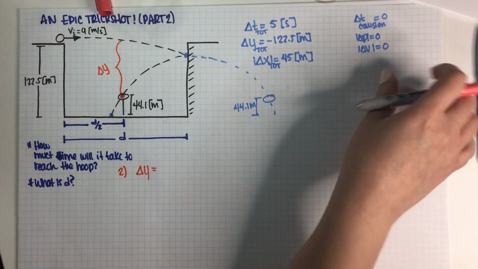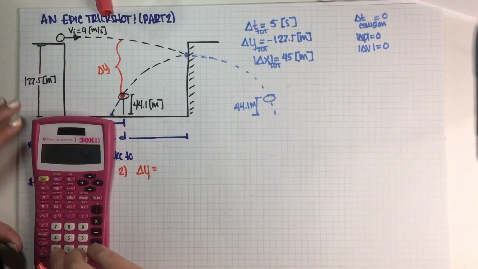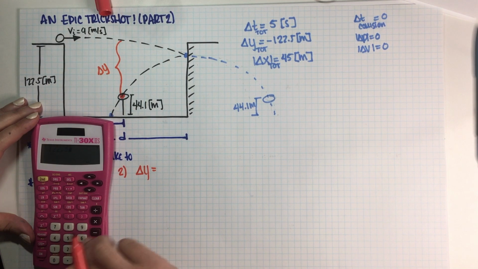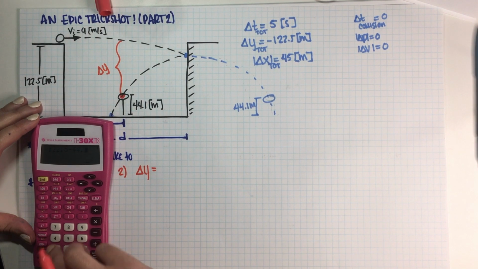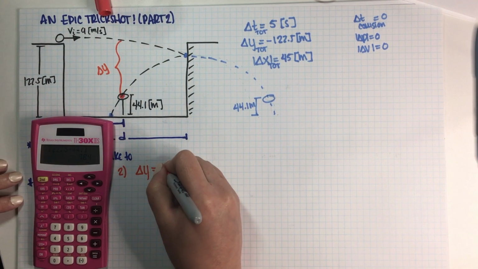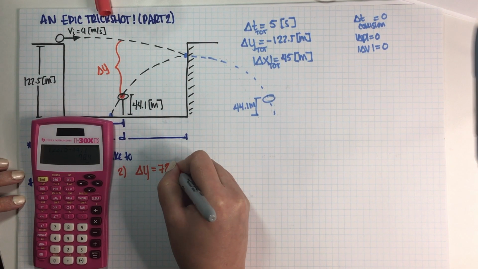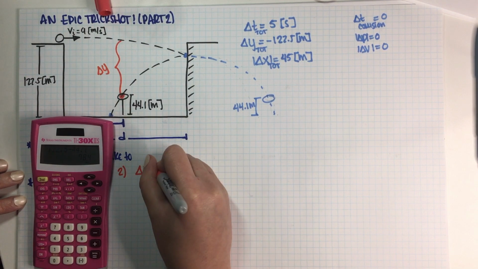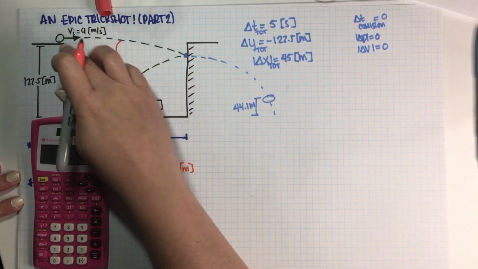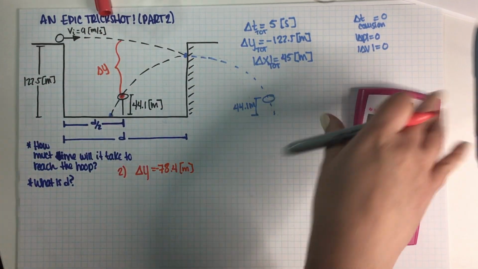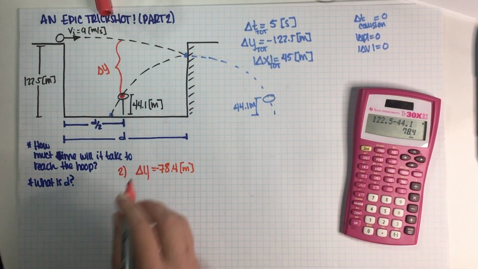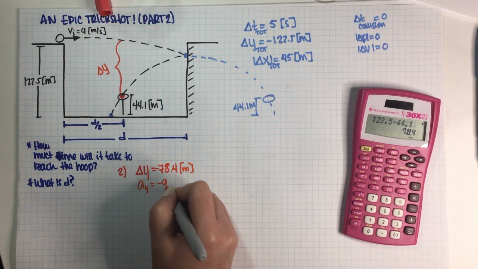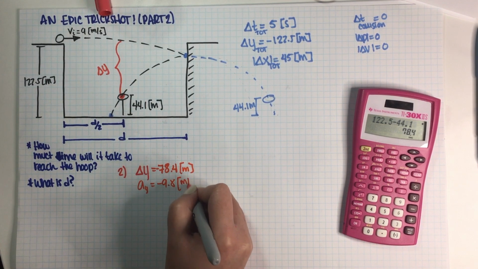So let's figure out what that number is. This is 122.5 minus 44.1, so this is 78.4 meters, and negative because it still went down, even though it didn't go all the way down. Okay, so my acceleration on y is still negative 9.8. That hasn't changed.